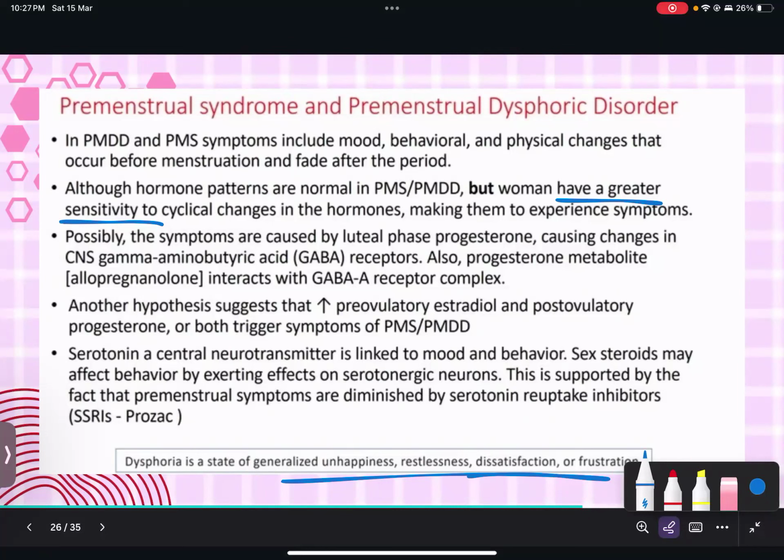Now the last point here. Another hypothesis is that doctors found out that there were some women who presented to the clinic with PMS, but they were later diagnosed with depression for another cause maybe. So they were treating that depression with SSRIs, selective serotonin reuptake inhibitors, okay? I'm pretty sure you guys know serotonin is the feel good hormone.